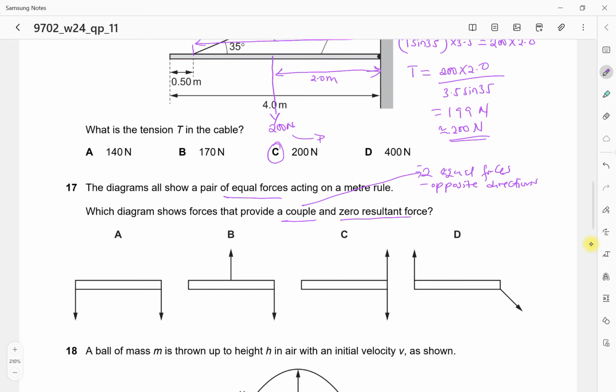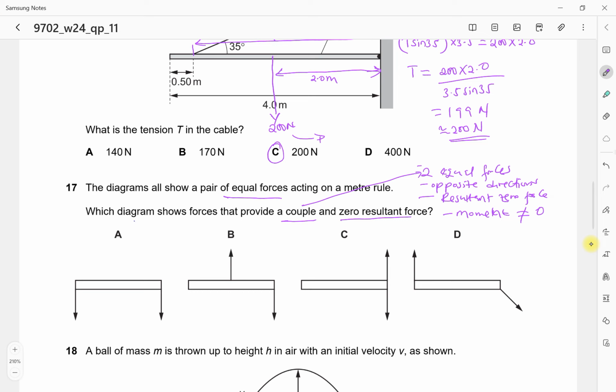They should be in opposite directions, and they should give a resultant zero force. But the torque, the resultant moment, is not zero. So they should have those properties.